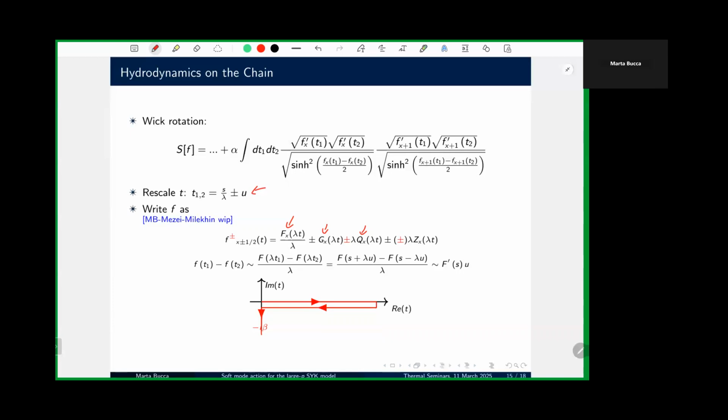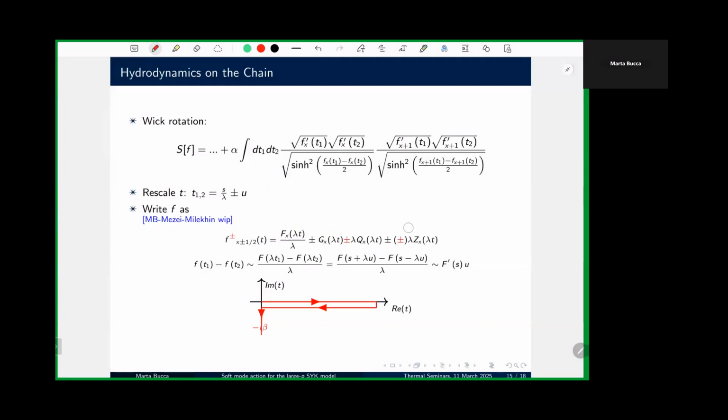The scaling of these quantities is dictated by imposing dynamical KMS. However, as I mentioned, this second part is still a work in progress. And one of the things that we are still working on is gaining an understanding of how to implement dynamical KMS for this chain. So I'm not going to comment on the scaling at all.